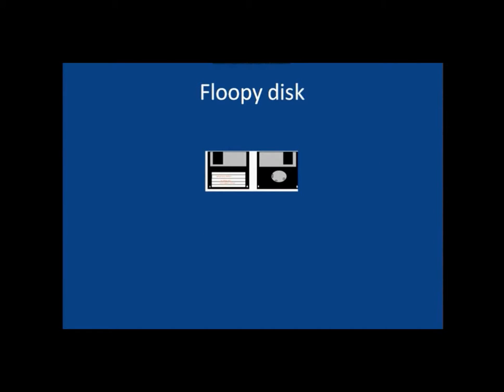On my keyboard, if I click the next arrow, the arrow that indicates next or down, it goes to the floppy disk, which is the second slide. If I go back, you see the effect of that animation.